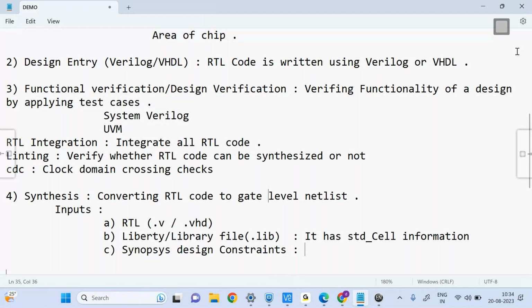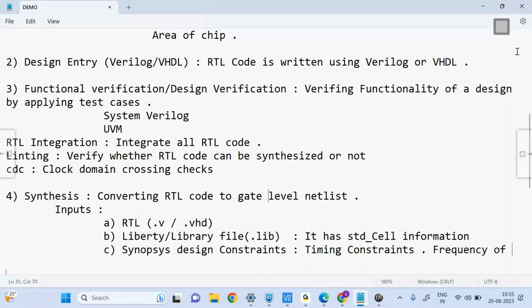I can tell that in the Synopsys Design Constraint file, mainly we have timing constraints, like frequency of operation.